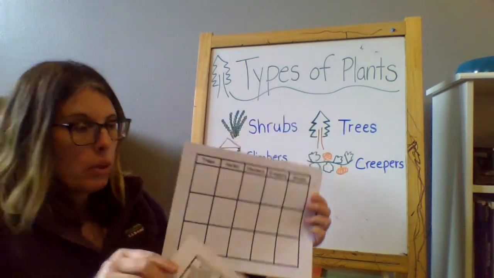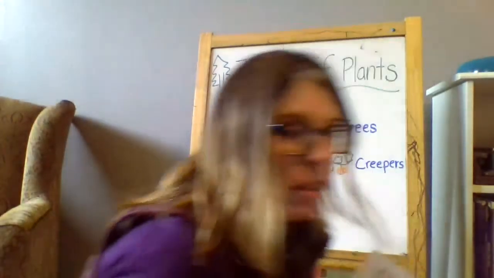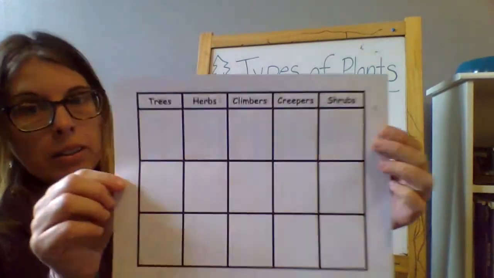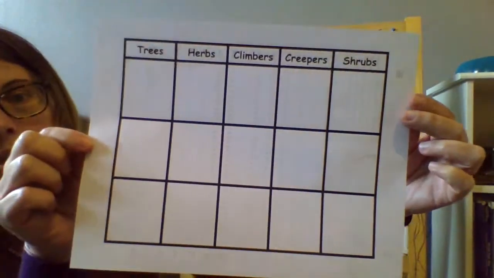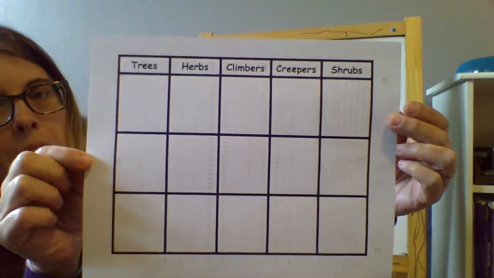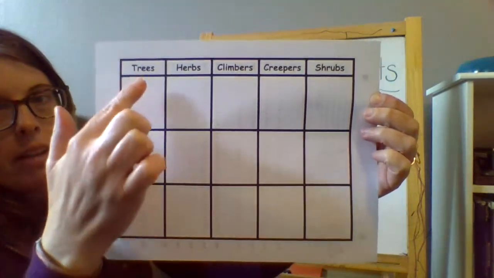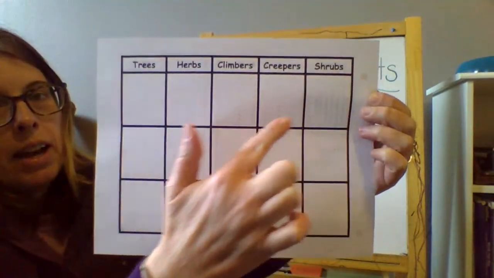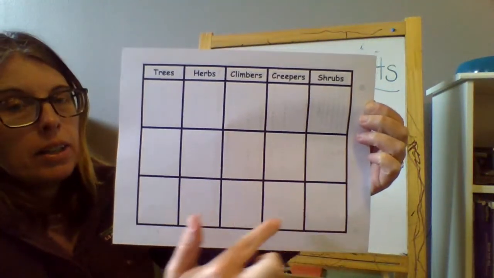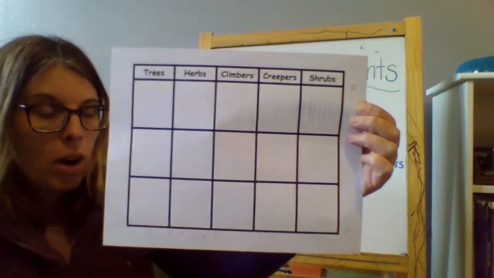Now, if you aren't able to print something out, you can look at this picture and open it up on your computer, and you can create something that looks like this, okay, with the headings and then the boxes. You can draw this.